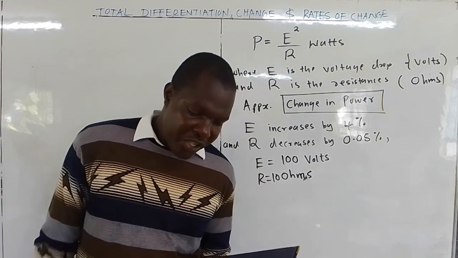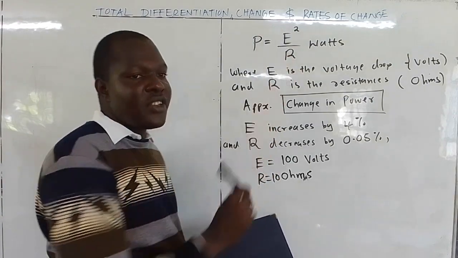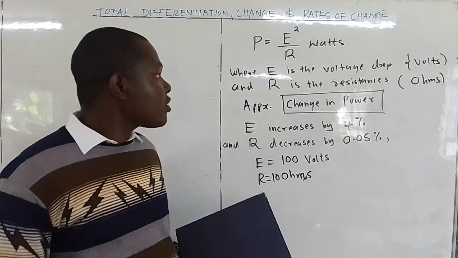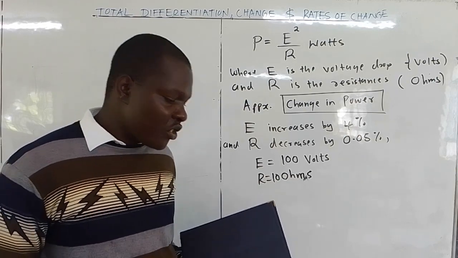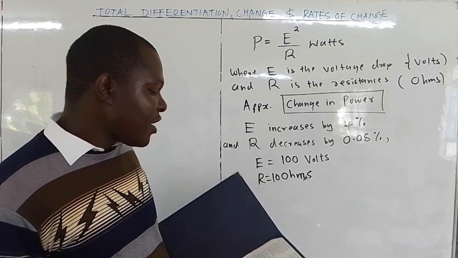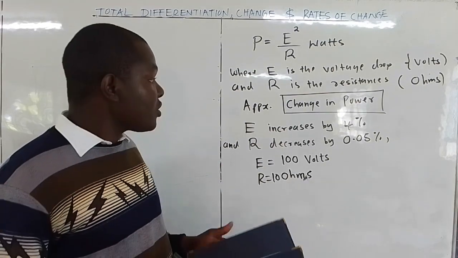The power consumed in an electric resistor is given by P is E squared over R watts, where E is the voltage drop across the resistor in volts, and R is the resistance in ohms.